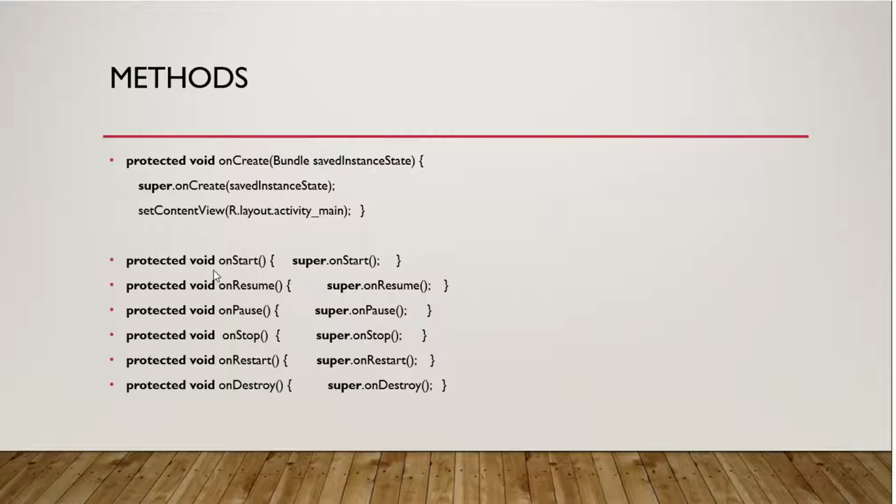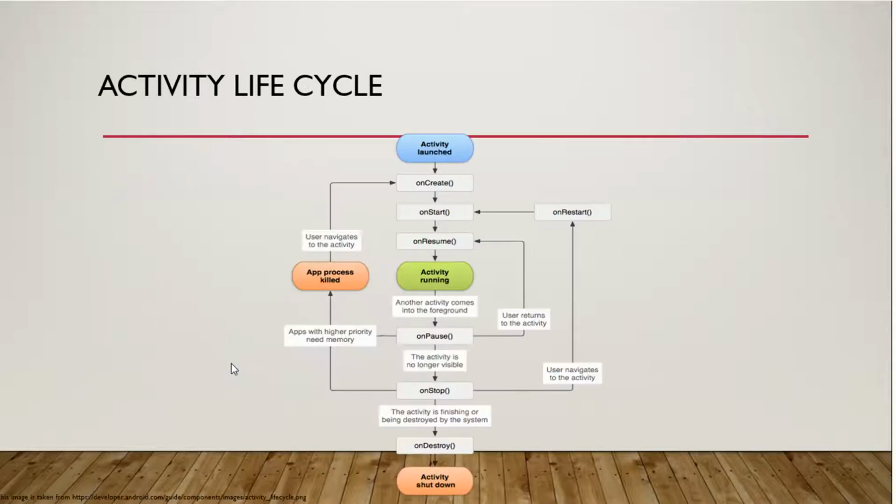So at the end time, after the onRestart method, the process will not be able to run our other application, because the onRestart method is basically only followed by the onStart method.